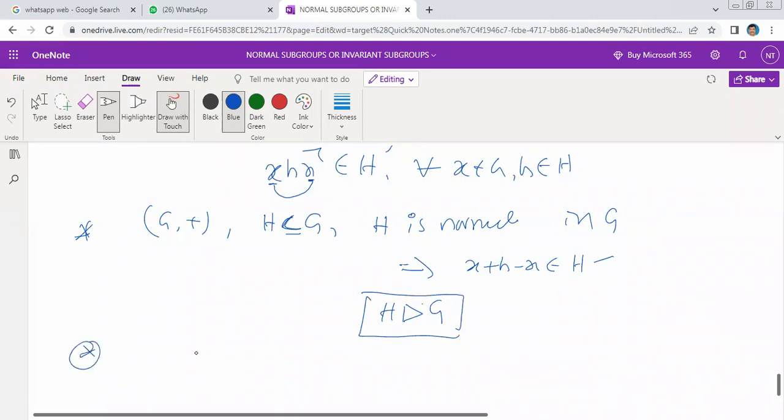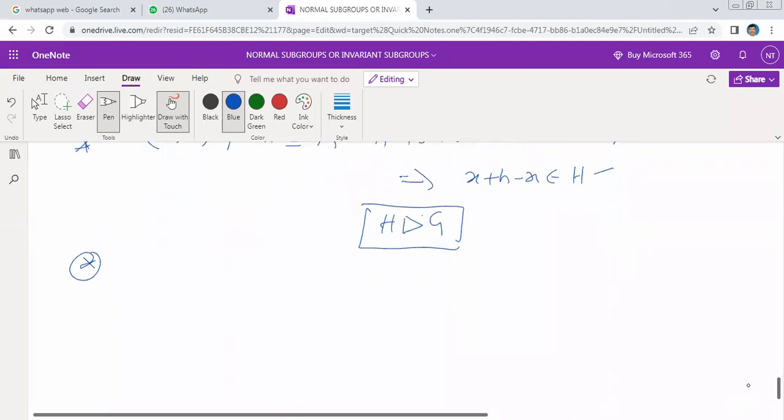And also, now H is a normal subgroup of G.